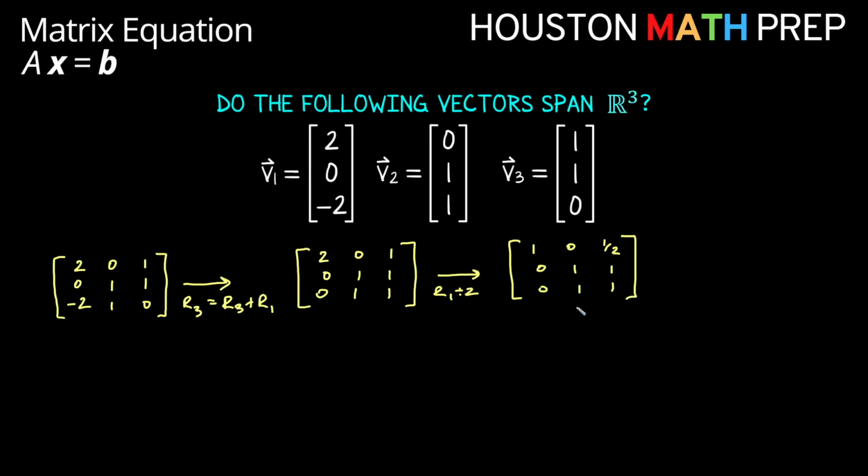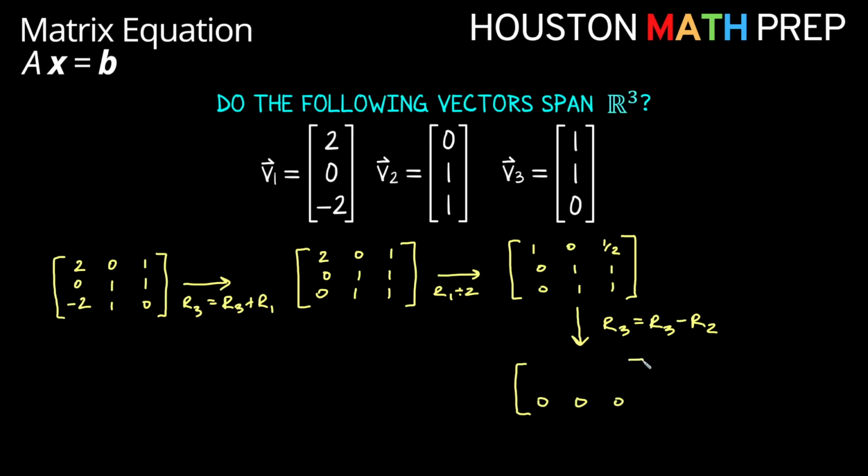So I'm going to go ahead and do this down here because it's going to be my last step. So I will take row 3. And the way we're going to change that is to simply subtract row 2 from it. Now, if we do that, 0 minus 0 is 0. 1 minus 1 is 0. And 1 minus 1 is 0.